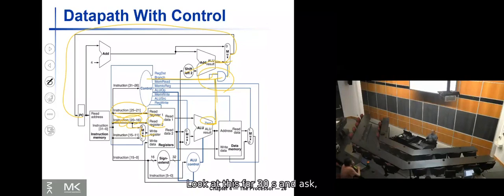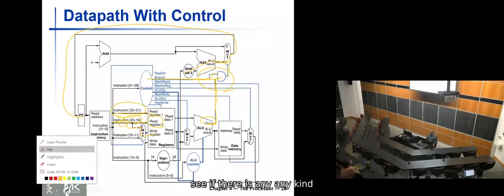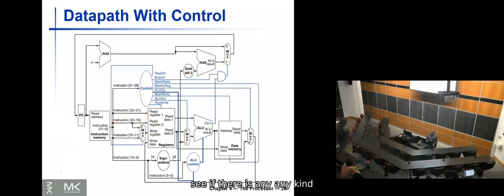Any questions? Look at this for 30 seconds and ask, to see if there is any part that I need to explain more. You should know every single detail of this. What is this?